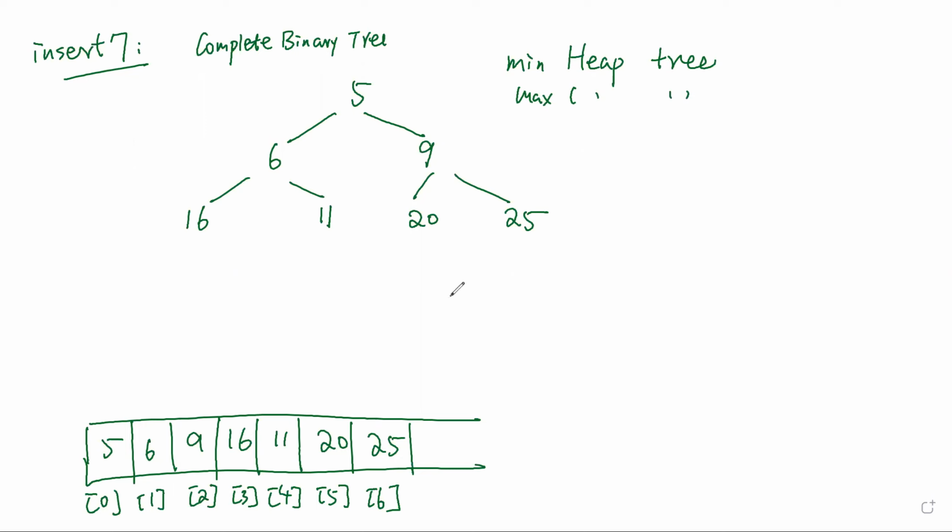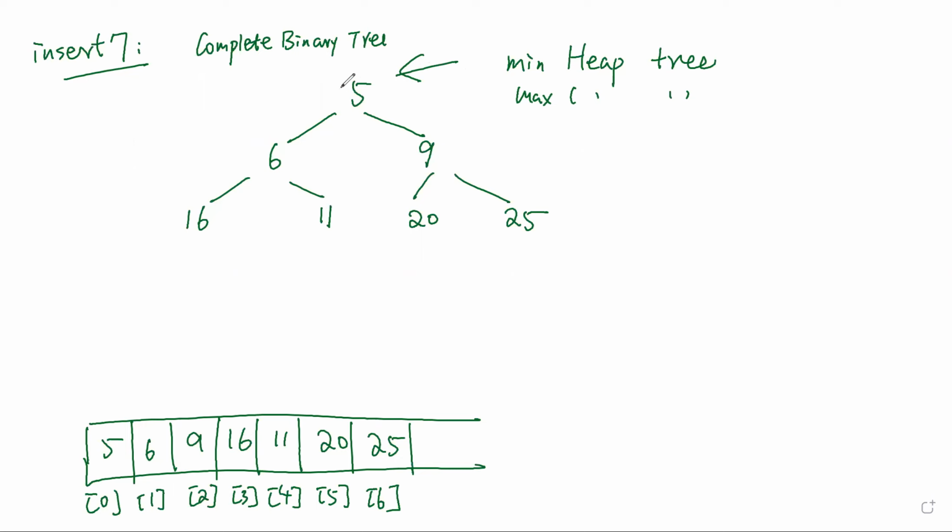In this case, this is the minimum heap. The concept is, if you take a look, the parent node is always less than the child node.